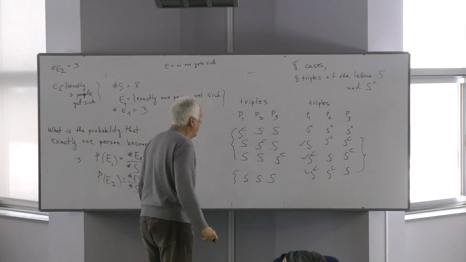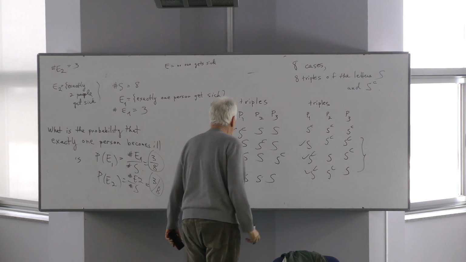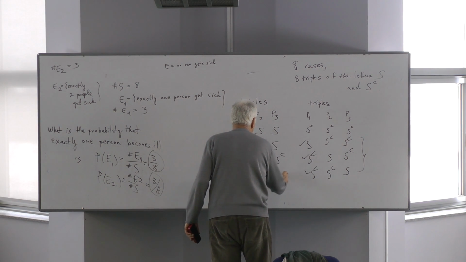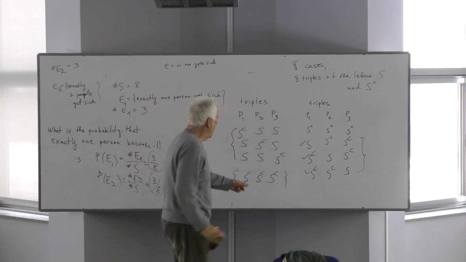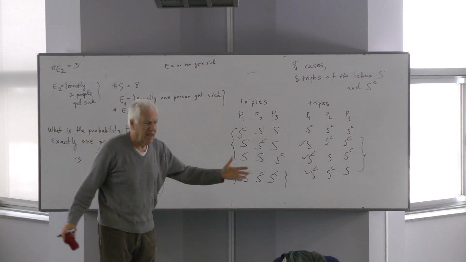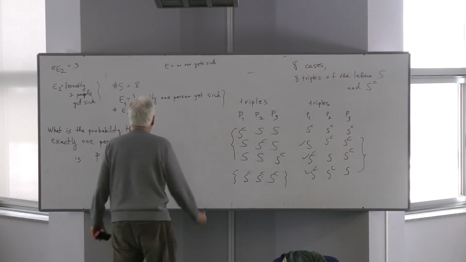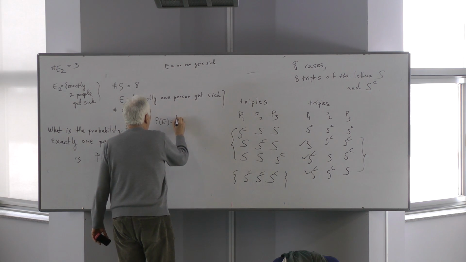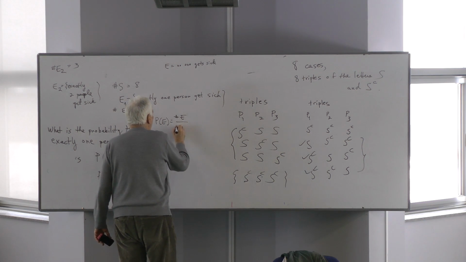So that's all the complements. That's this one. That only happens one way. Nobody gets sick. So the probability of that is the number of elements in E0 over the number of elements in S.